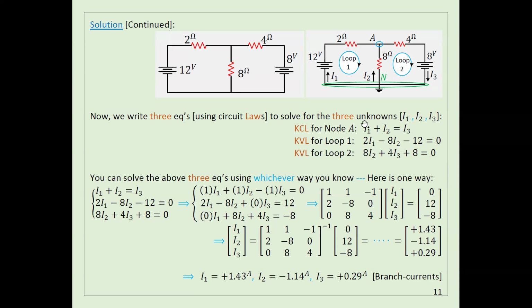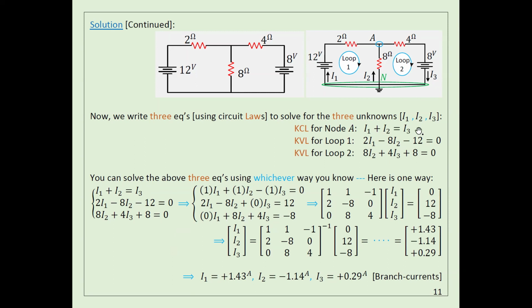So the way we can solve it: I'm gonna rearrange these equations to make them in matrix form. The first term should always be I1, the second term should always be I2. Even here we don't have I1, so I'm gonna put 0.